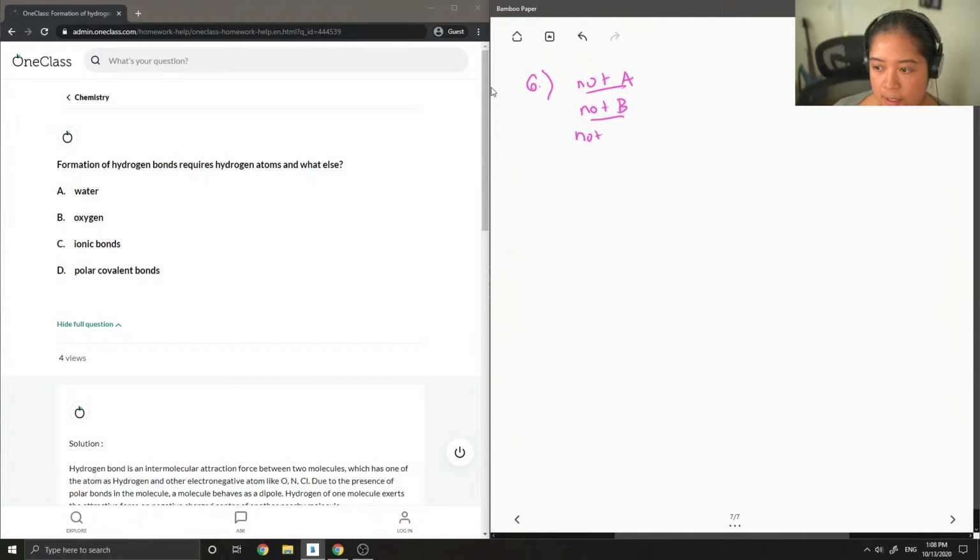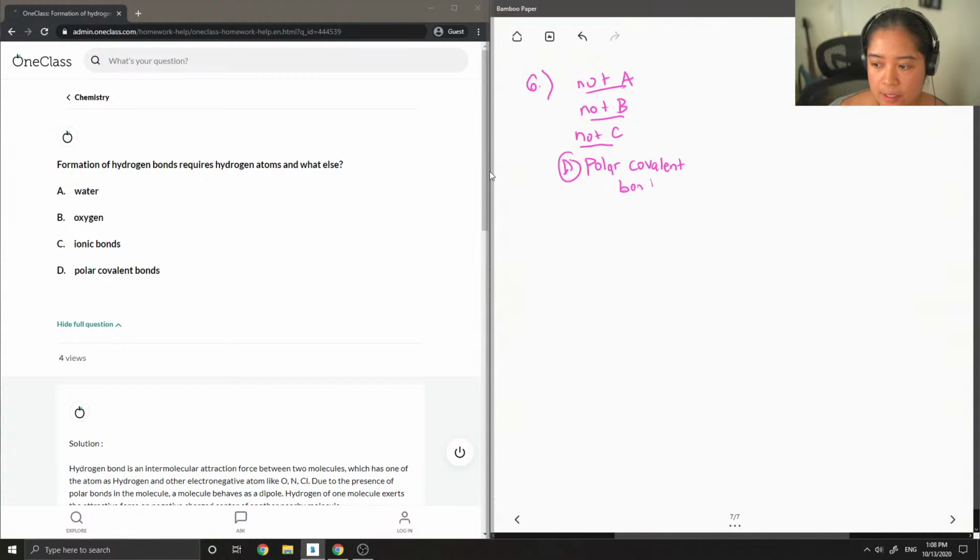And for C, it's also not C because ionic bonds contain a metal as well. Ionic bonds are with metals. So I'll just explain what hydrogen bonds are after. So our answer is D. Polar covalent bonds. I'll explain why.